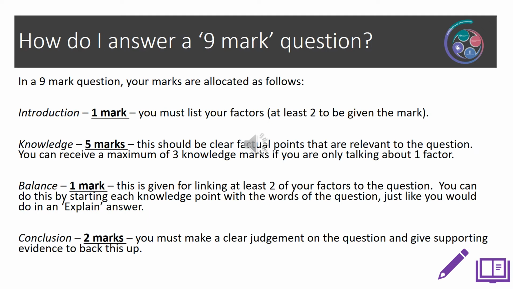If it's a judgment question, you get your judgment mark simply by answering the question directly. You pick up your second mark in your conclusion by giving supporting evidence to back up the judgment that you've made. Your conclusion should really use information that you have already mentioned in your 9 marker.